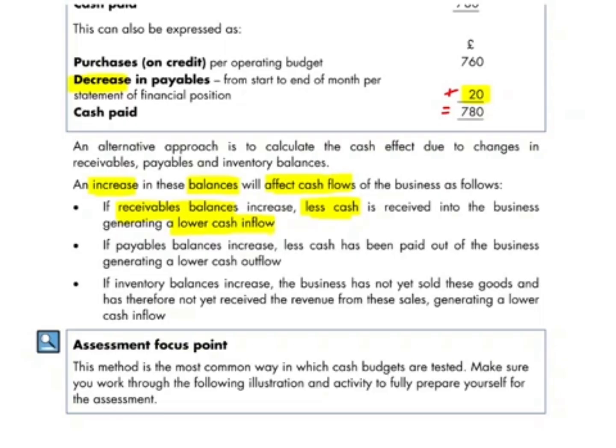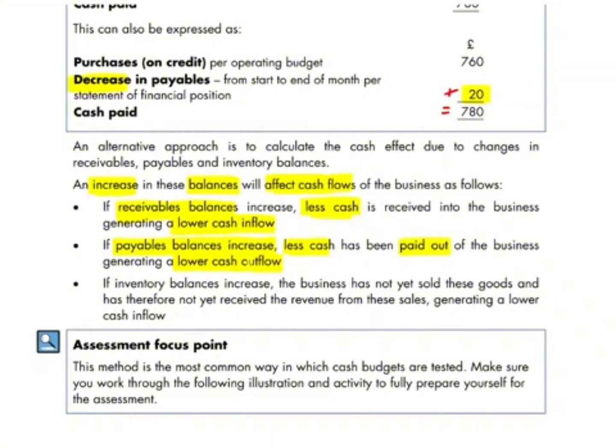Now, this is because the customers have got hold of our money. They haven't yet paid us our money. So if we've got the balance going up, the customers have more of our money, meaning that we generated a lower cash inflow.